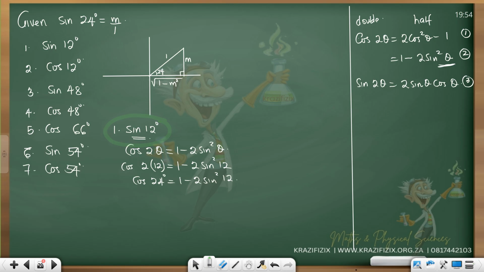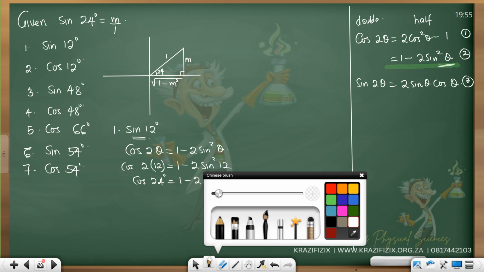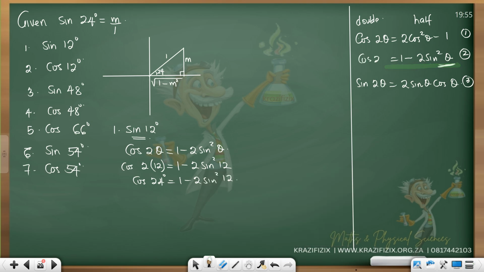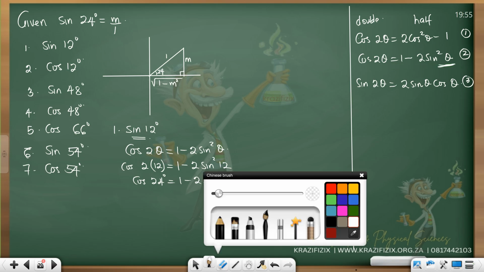Sine 12. And I just told you that when you are given half, work with this guy. But your half is on the right hand side. Do you see I'm looking for sine, right? Yes, sir. So I'm going to use the one that has a sine. This one. Yes, sir. And this is cos 2 what? Theta. That's why I wrote the formula out.